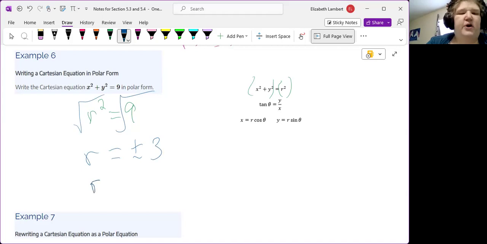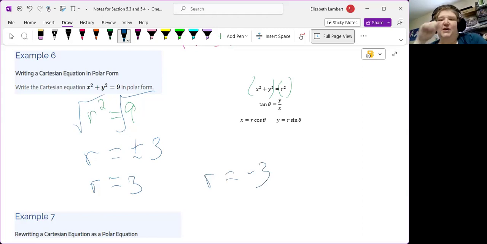There's r equals 3 and r equals -3. These produce the same graph, which is a circle of radius 3. Just with the way the polar coordinates work, if I do a circle of radius -3, I get the same circle, I just started at a different point. So, all right, cool.